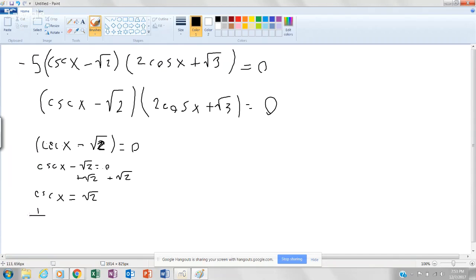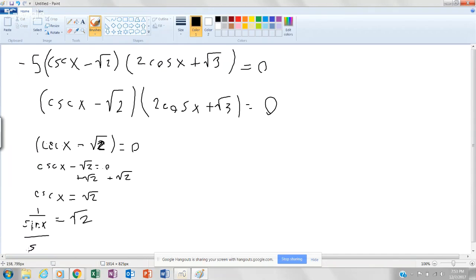Know that cosecant of x is equal to 1 over the sine of x. So then 1 over the sine of x is root 2.